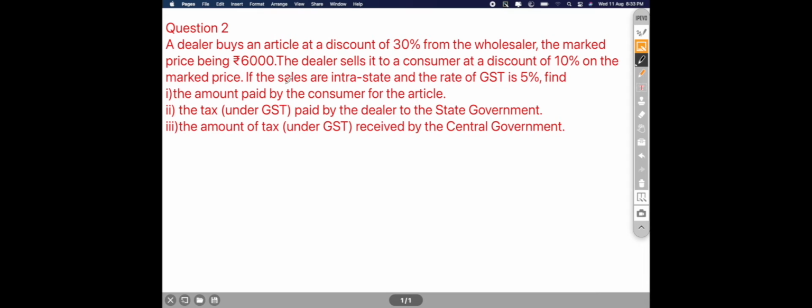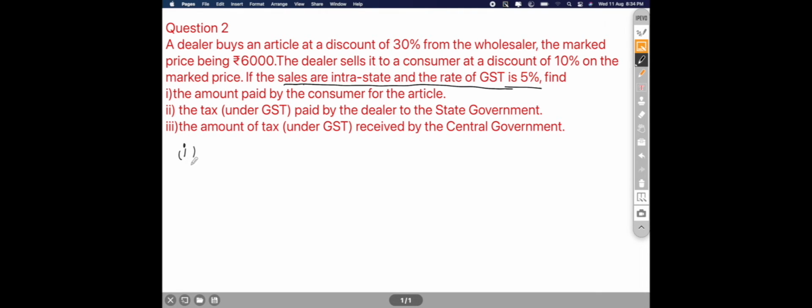So children, here as sales are intrastate and rate of GST is 5%, so 2.5% will go to the central government and 2.5% will go to the state government. Now the first part says amount paid by the consumer, right?